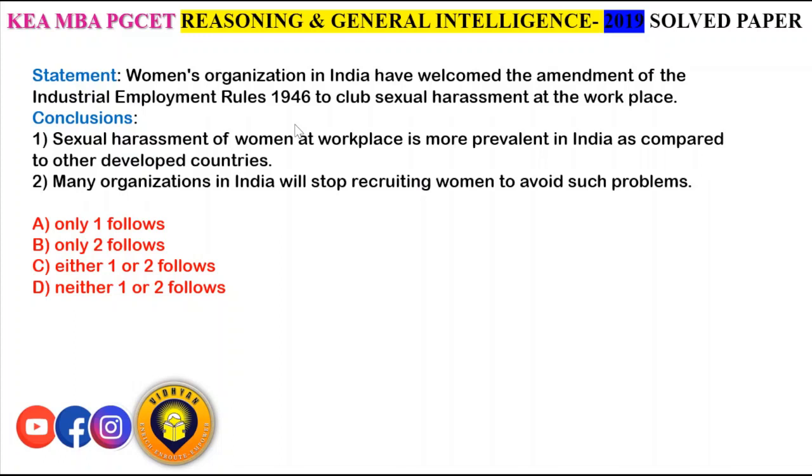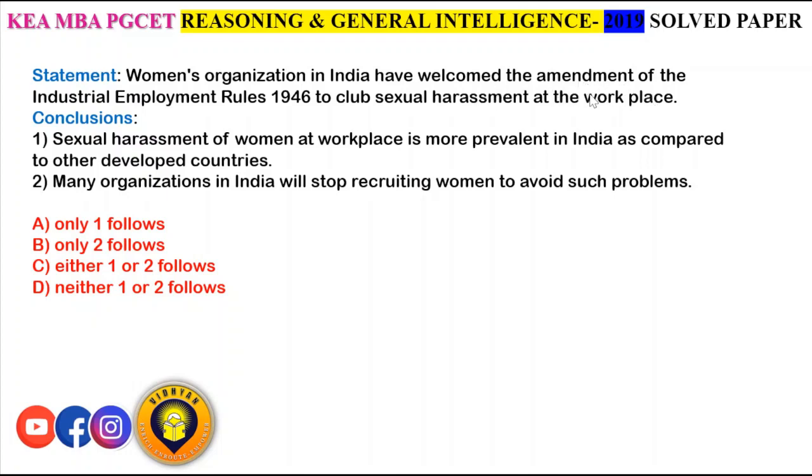The first conclusion says that sexual harassment of women at workplace is more prevalent in India as compared to other developed countries. Can you directly infer this conclusion from the given statement? No, right? But in the statement, they never spoke about other countries. They did not compare India with any other countries.